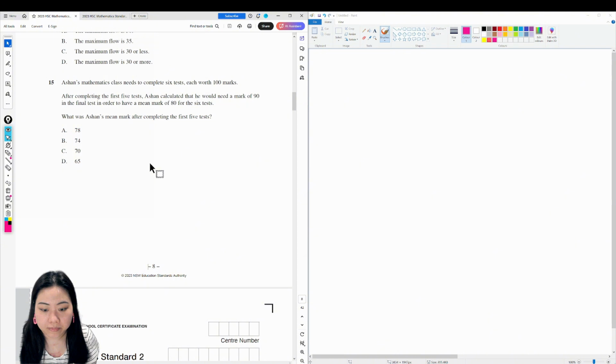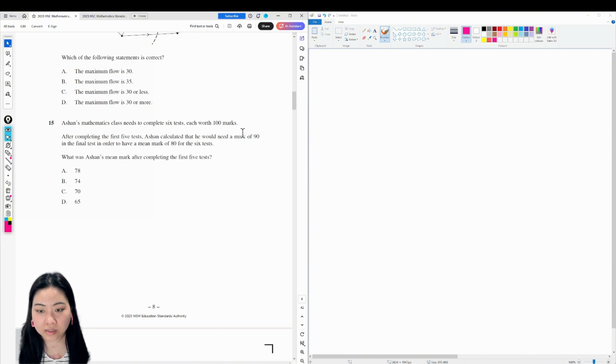Question 15. Ashen's mathematics class needs to complete 6 tests, each with 100 marks. After completing the first 5 tests, Ashen calculated that he would need a mark of 90 in the final test in order to have a mean mark of 80 for the 6 tests. What was Ashen's mean mark after completing the first 5 tests?